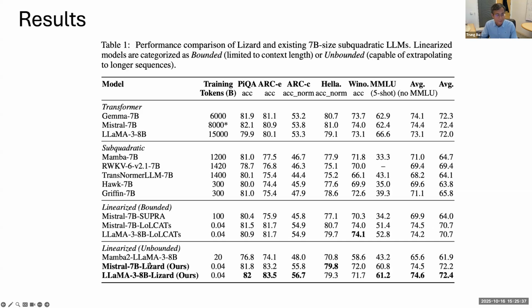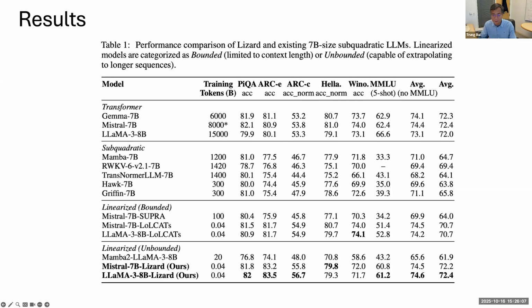Compared to that, with our Lizard, in the unbounded setting here, we use more or less the same number of tokens as LoLCATs and far fewer than all previous methods in terms of training tokens, and we achieve on average the best performance. Interestingly, it is even better than the teacher model.